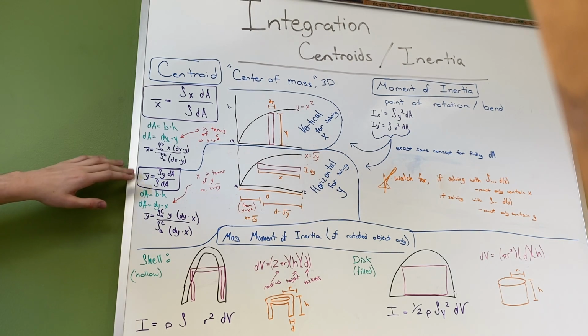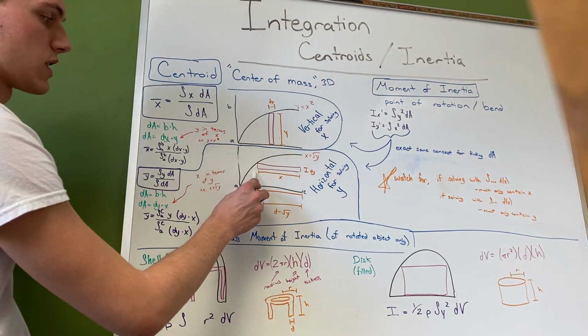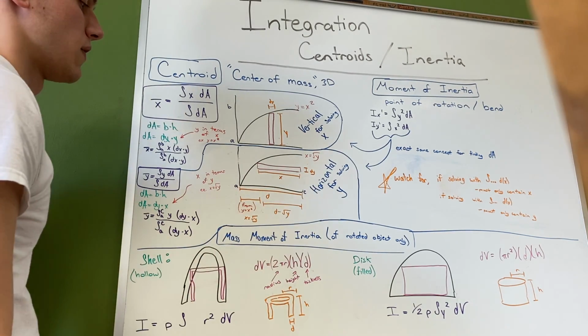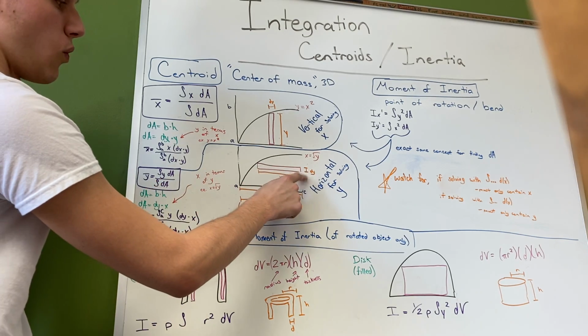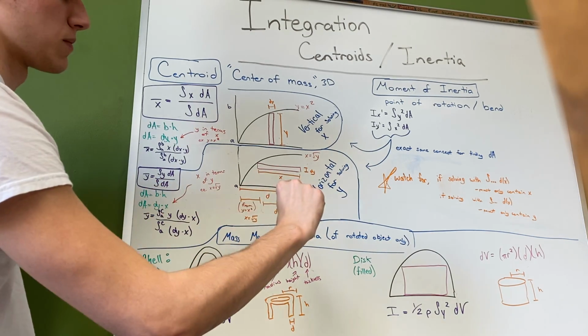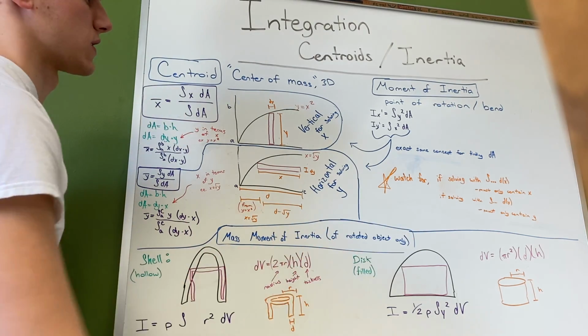Same thing with y: integration with y and dA. Same thing, you're using a rectangle, base times height. This one can be a little different because you're solving in dy, which is now where your steps are at. In the first one, we were taking steps of small sections along the x-axis.